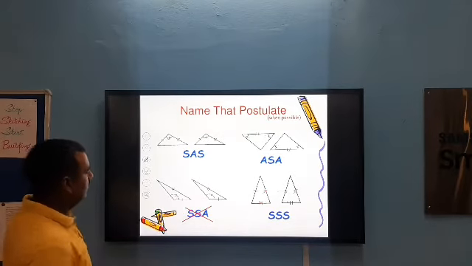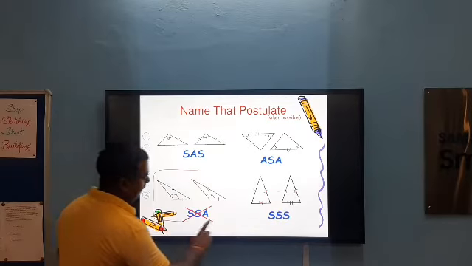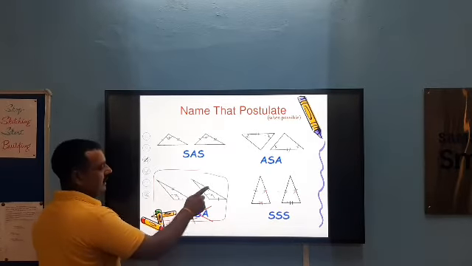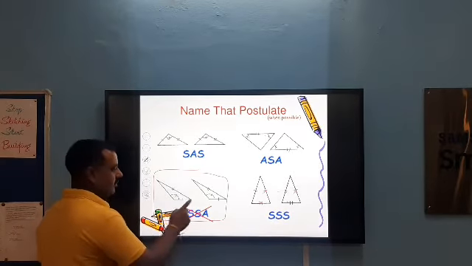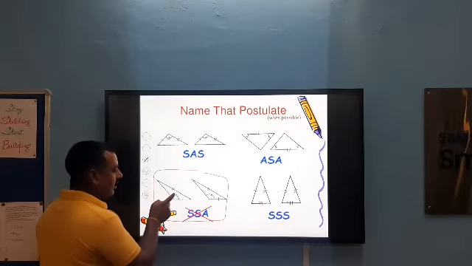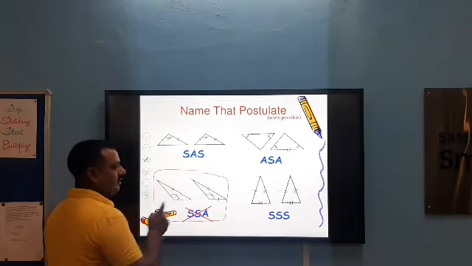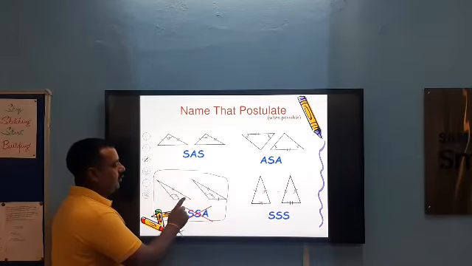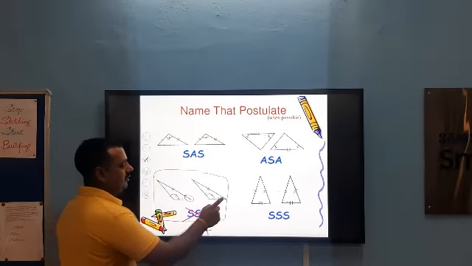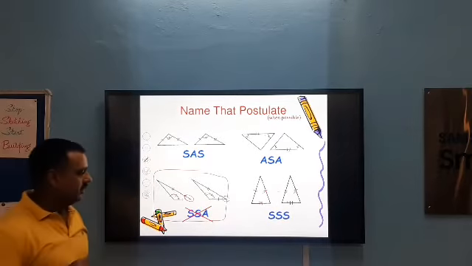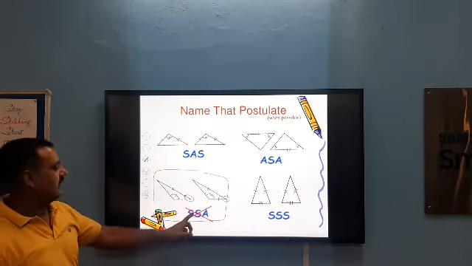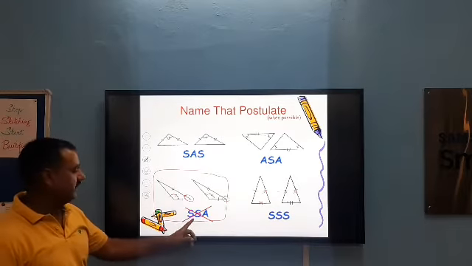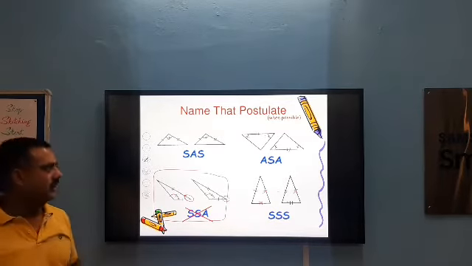Now here in these two triangles, this side is equal to this side, but the angle which is shown equal is not the included angle. To prove congruence, we must take these angles. So the angle is not the included angle, so SSA is not any criteria.